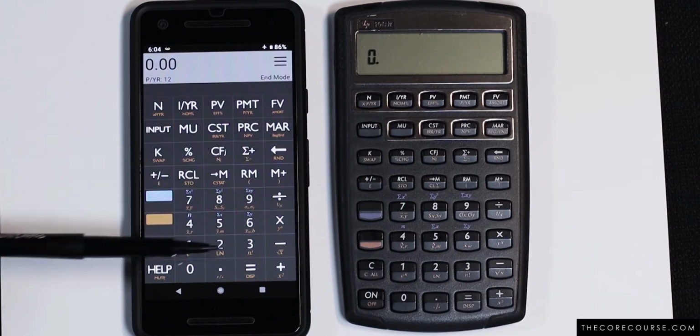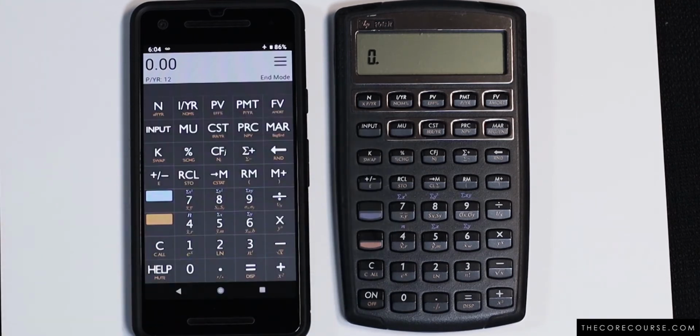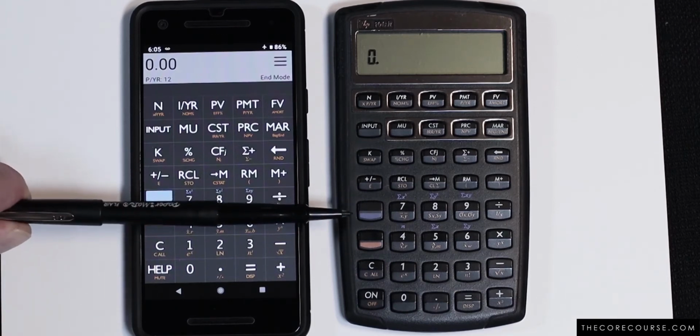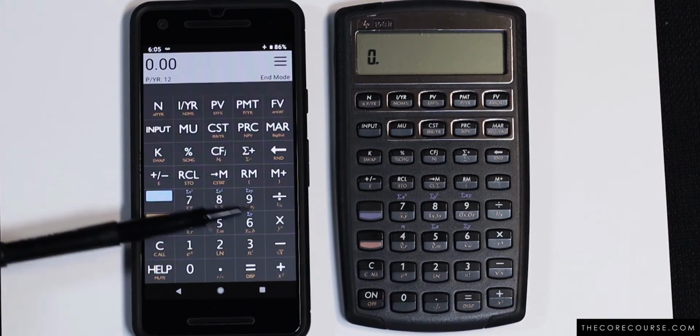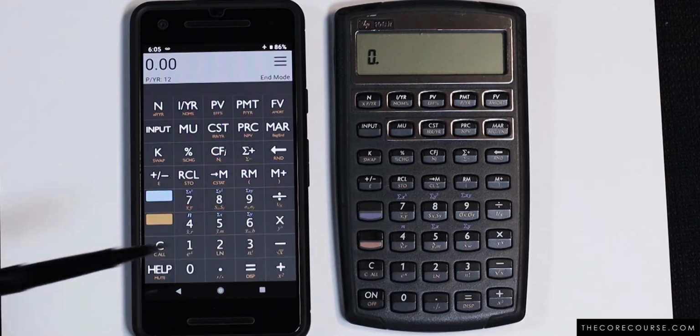This is a 3-layer menu calculator on both the app and the hard calculator. If you press any key, it will do what it says in white on the key, either numerically or the letters. If you press the blue key on the app or the purple key on the calculator first, the next key you press will do what that key says above it in blue or purple.